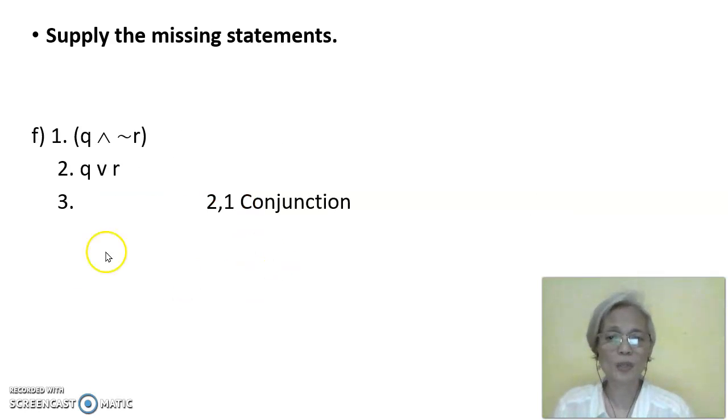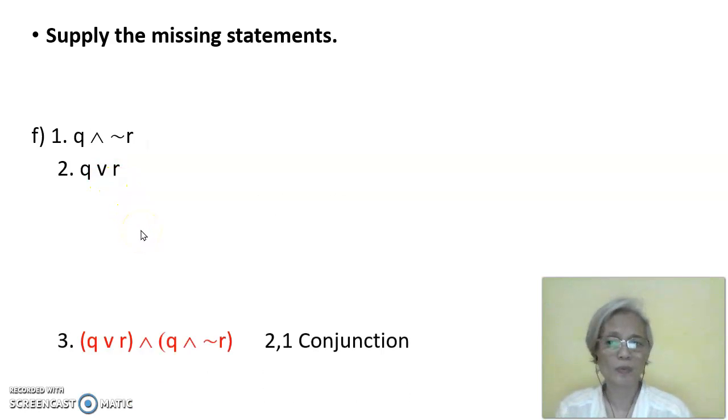Next, we are to apply conjunction to premises Q and not R. That's the first premise. The second premise is Q or R. Take note that we should use premise 2 first. It's like P and Q with the second premise as our P. So what's the answer?